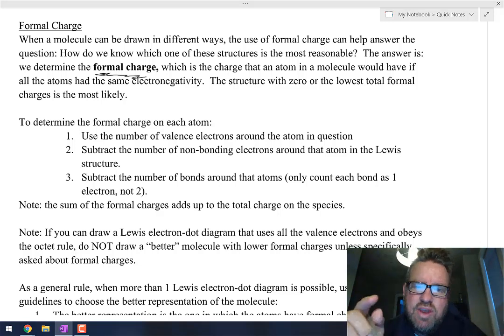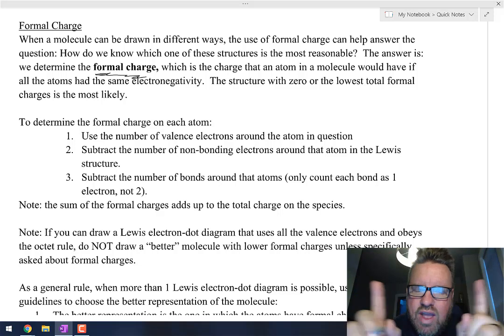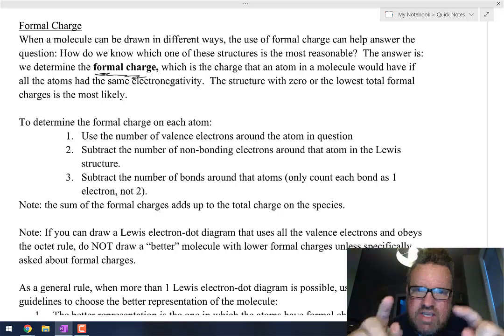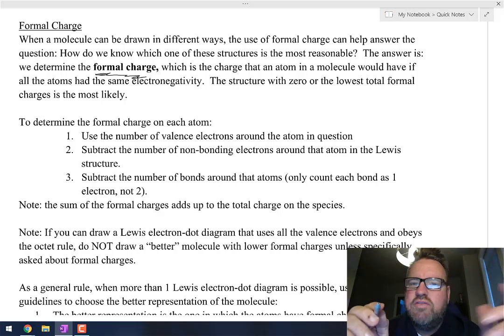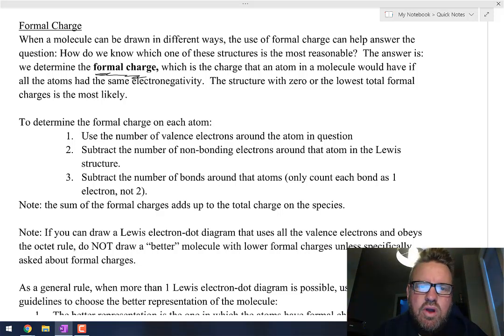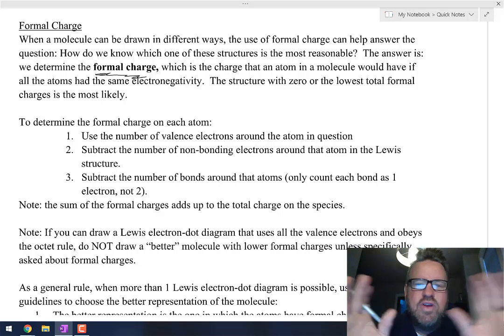One of the nice things about formal charge is you never think about it unless they specifically mention it, unless they say justify your answer in terms of formal charge, or they use those words, formal charge, in some way or another.